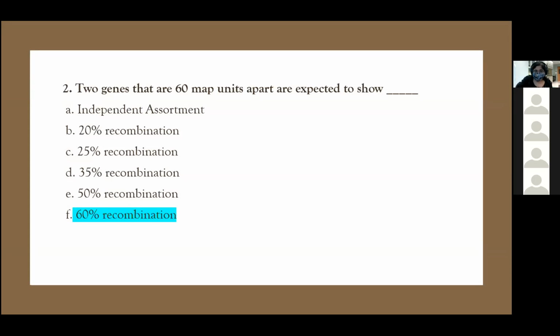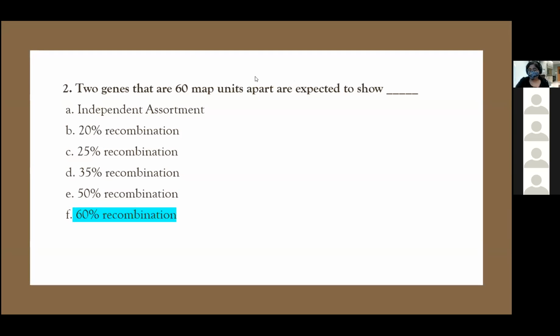So with this question, if two genes are 60 map units apart, it does mean that it also has 60% recombination, but it's assorting independently because it's above 50%.